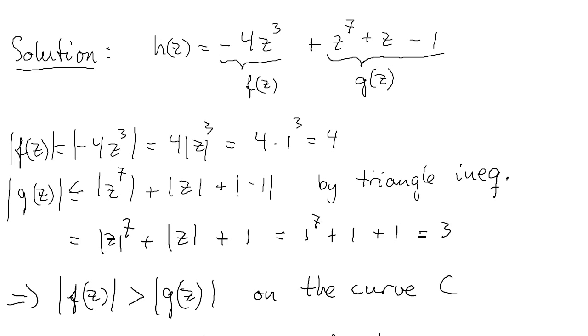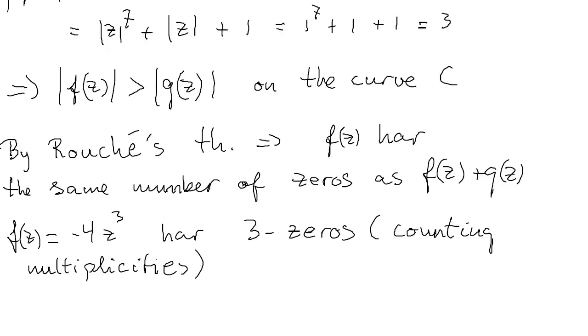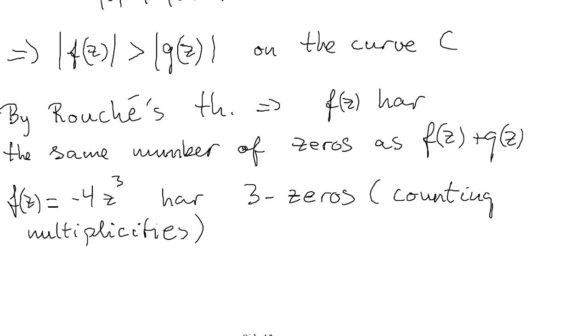And we conclude that there are 3 zeros of this function h of z counting multiplicities. We don't know where they are, but we know they are inside the circle.